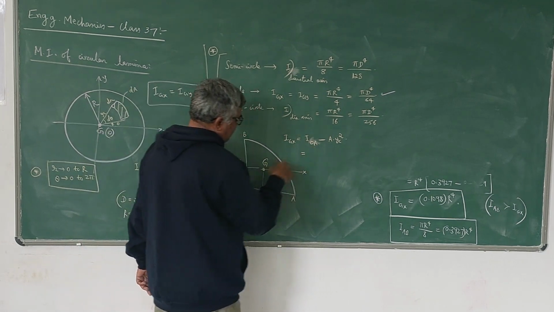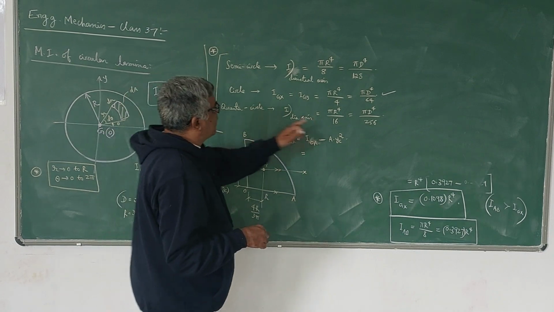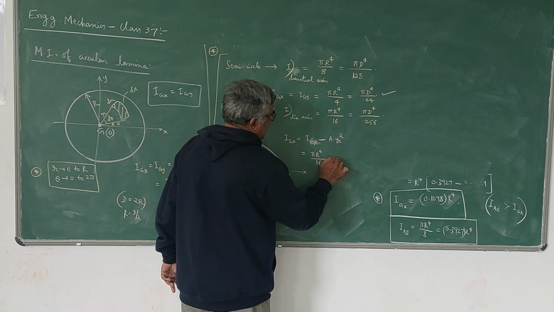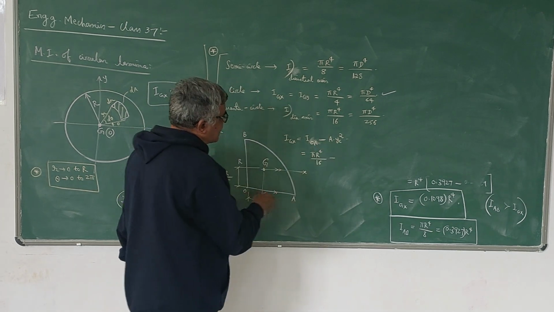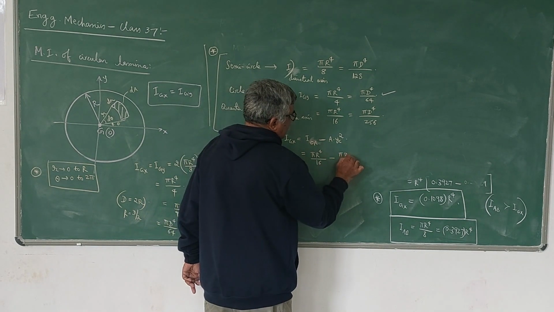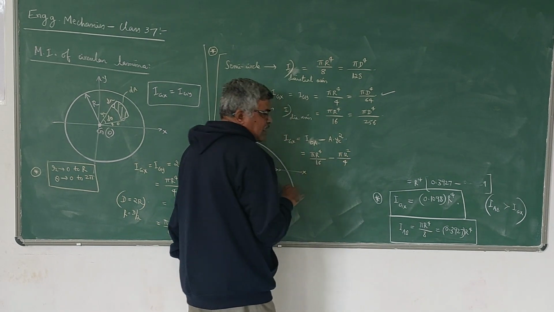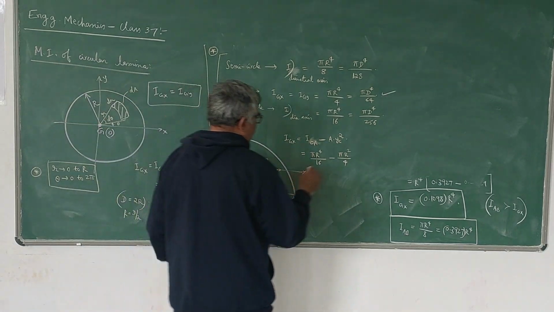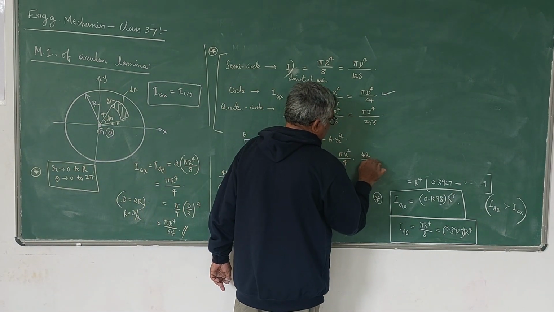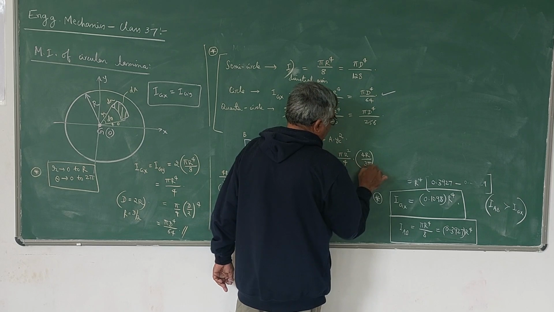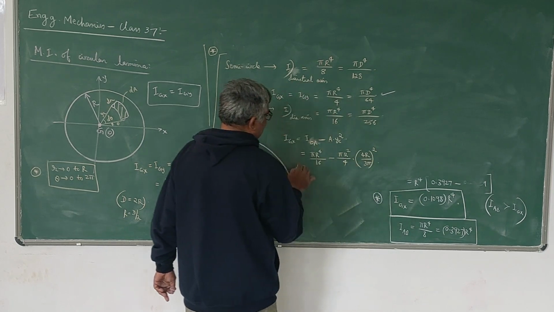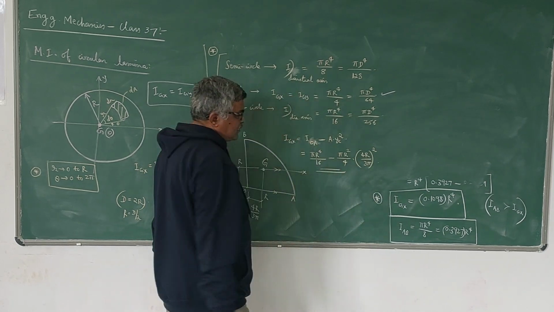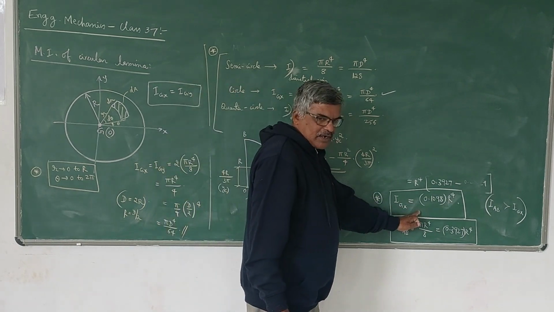IOA we already know comes out to be pi r power 4 by 16, minus A, the area of the quarter circle, which is pi r square by 4, into YC square, which is 4r by 3 pi whole square. Now if you simplify this, you will get the value of IGX. That's similar to the semicircle.